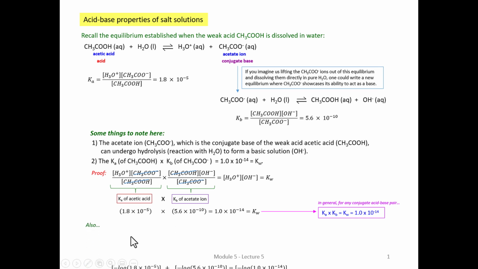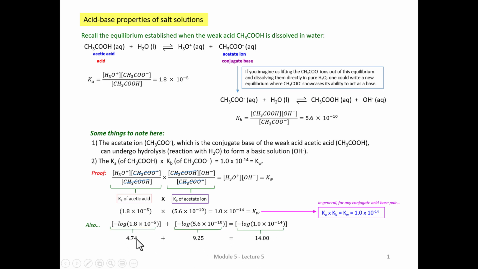Now also here, if we take minus the log of the Ka value, which remember is called the pKa, plus minus the log of the Kb value, which would be pKb, that will be equal to minus the log of the Kw.